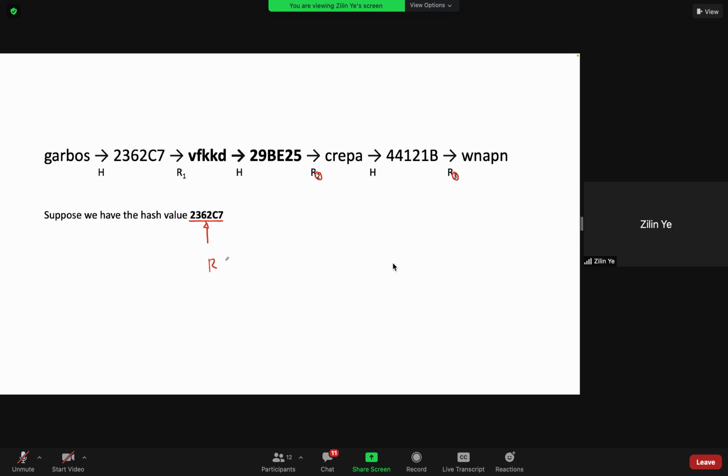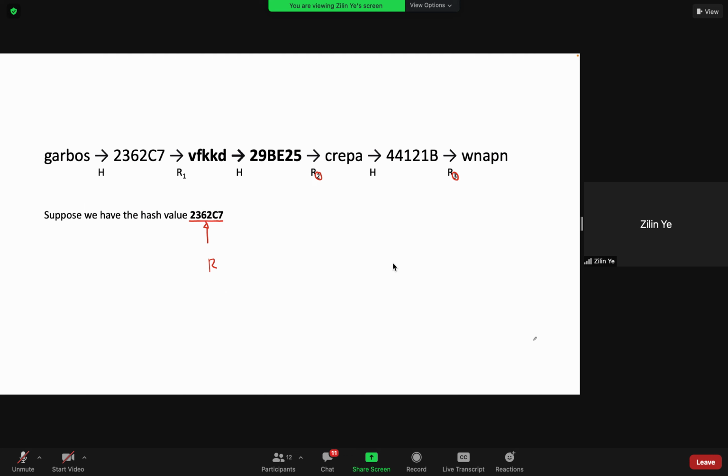So can someone tell me how to find this value, how to identify which chain contains this hash value, and how to reconstruct the whole hash chain afterwards? This is exactly the question that has been asked on the homework handout, the first question. We still have a second question.